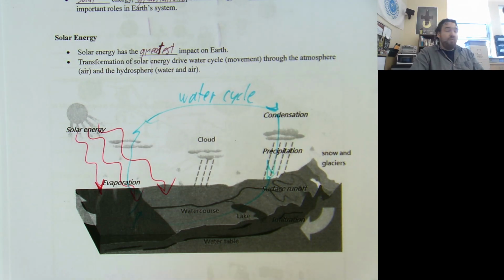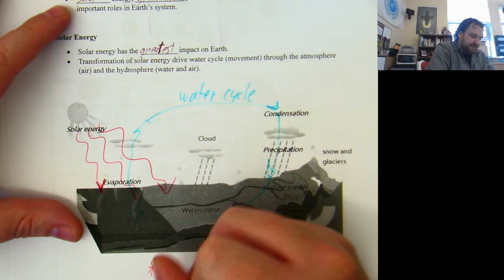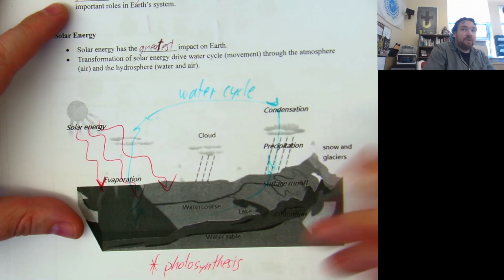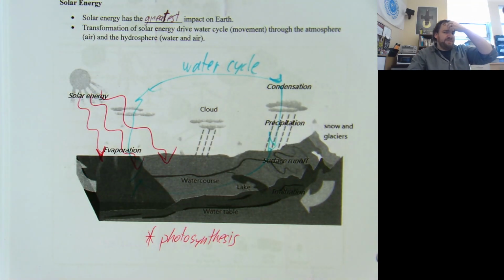Does anyone know where most of our power in BC comes from? Yeah, hydroelectric dams. And you need water behind those dams. Because, and this is something you looked at in grade 9, if the water's not there, the dams don't spin their turbines, there's no power. Never mind the fact that we need water for everything else. So solar energy, huge impact, both on the water cycle and on photosynthesis. Both of those are two kind of huge ones.